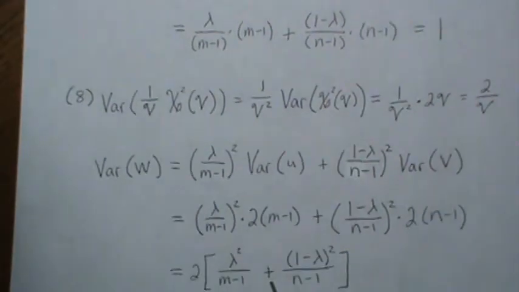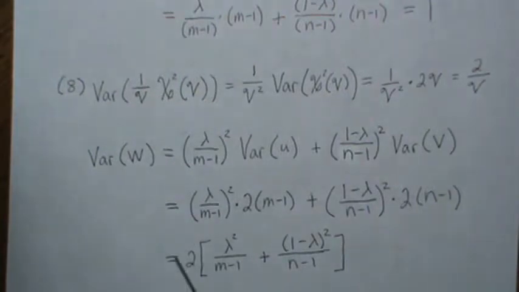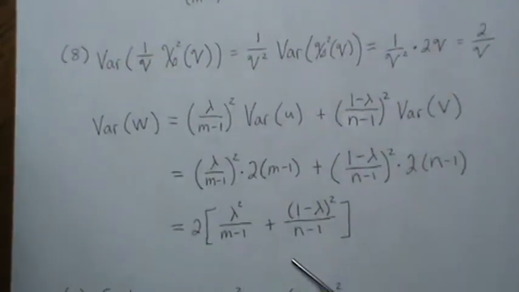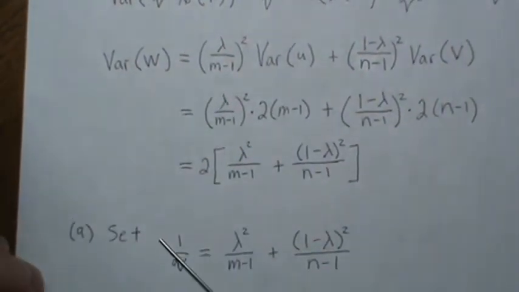The 2 can be brought out front, and we're left with this. Now we need to equate this quantity and this quantity. I brought the 2 out because we can make that go away and have 1 over nu equal to this. And that's what we do.